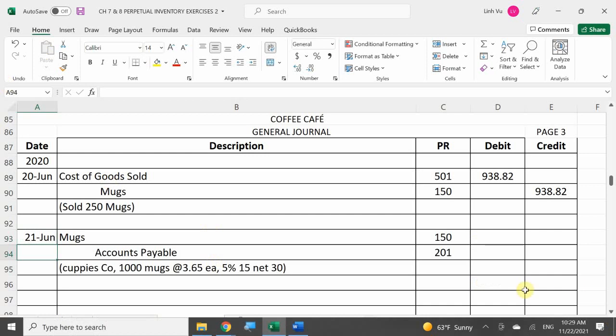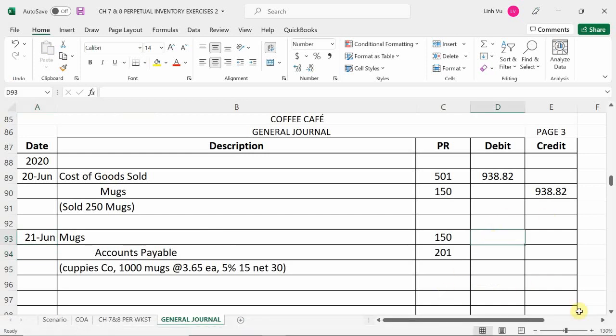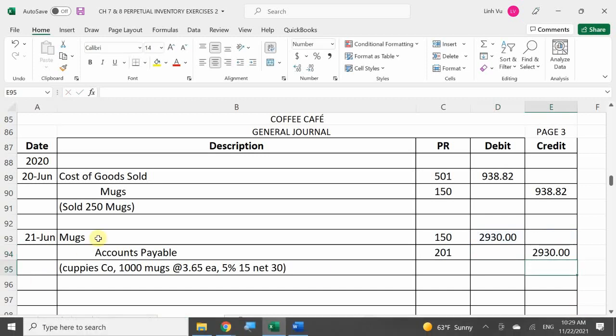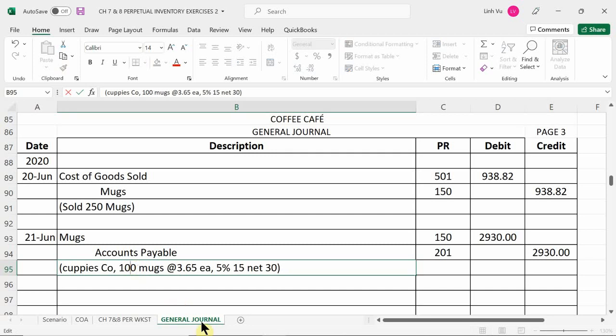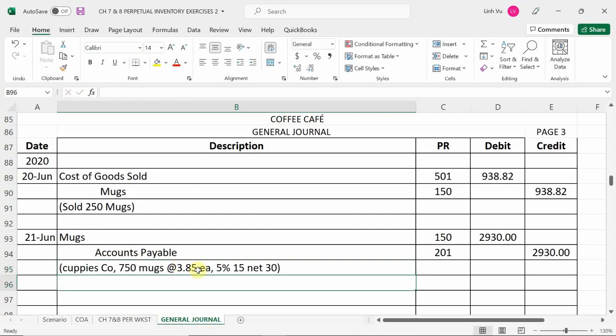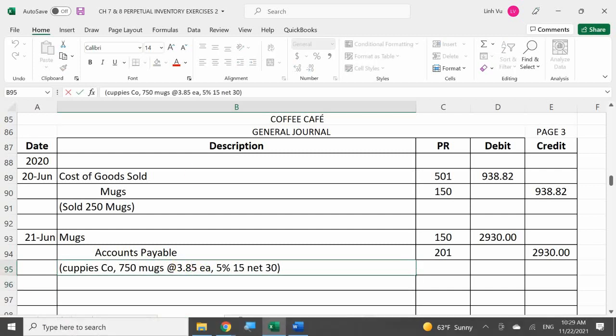So mugs should be $2,930. And of course, I need to make sure I update this right here because I didn't buy 1,000 mugs. I only bought 750 at $3.80. Oops, not 85.